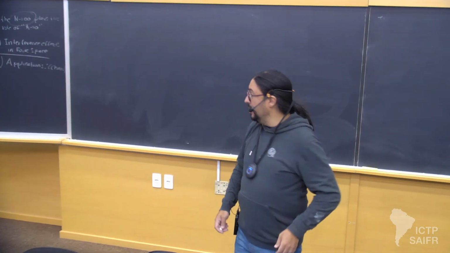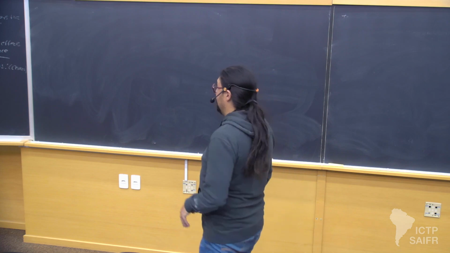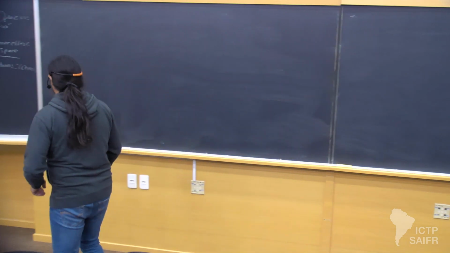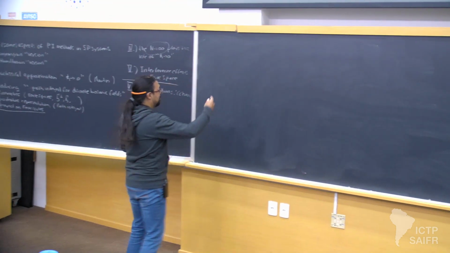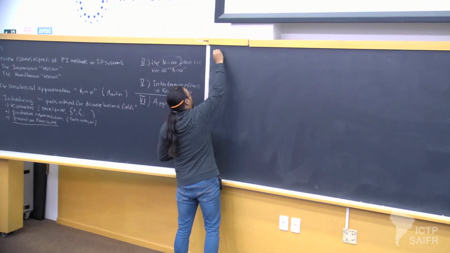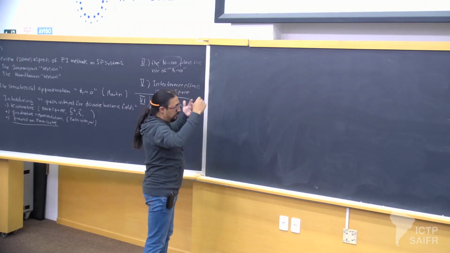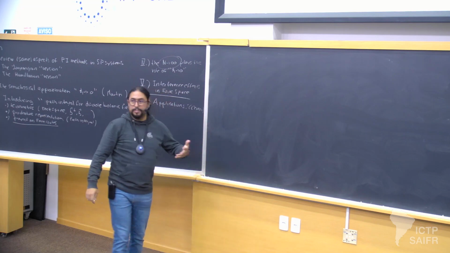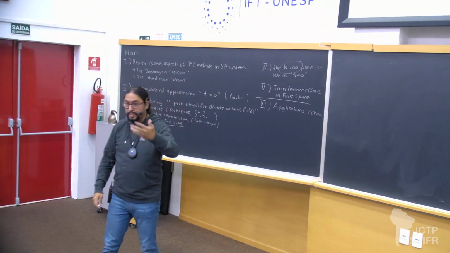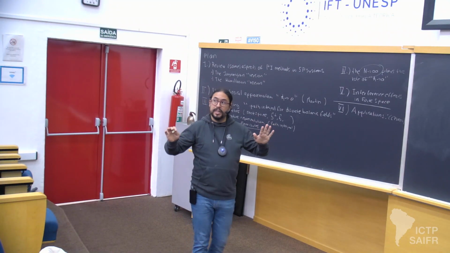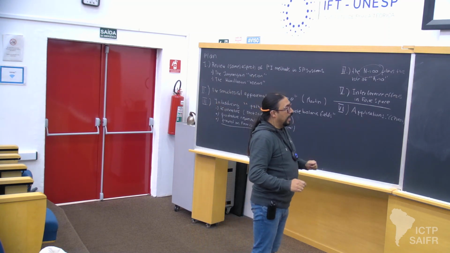Well, let's move to discrete, bosonic, quantum fields, big name. The name of the game now is to construct the path integral, understand it, interpret it exactly, not semi-classically, the exact one, but in Fock space.